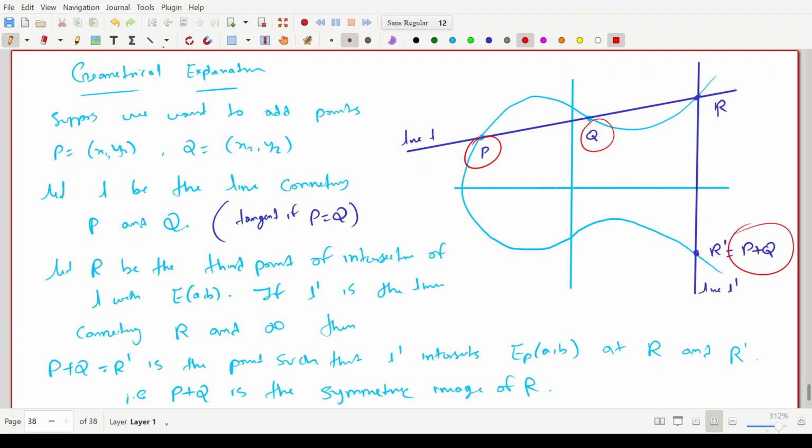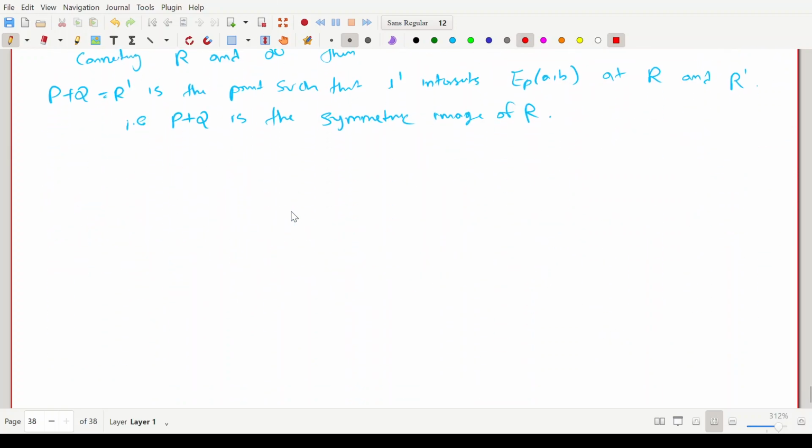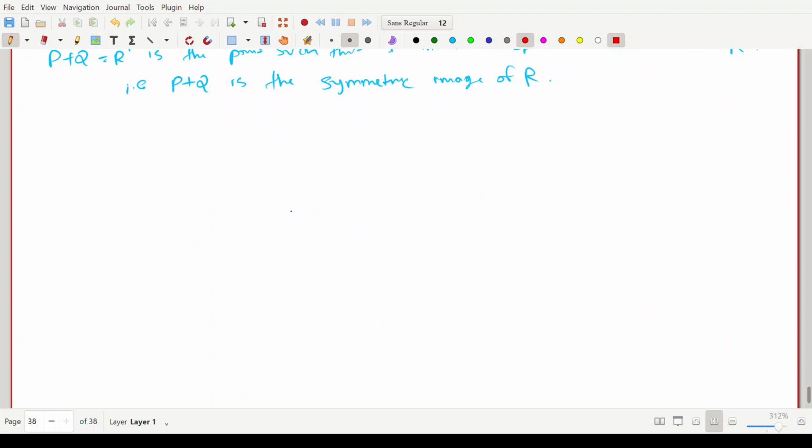Now let us try to do the mathematical computation. Suppose I am having point P and point Q. Can I find the point R? Point R is the intersection of this line and the curve. So first I have to find the equation of the straight line L, and then I can find the point R. First let us find line L. Line L is actually determined by 2 points.